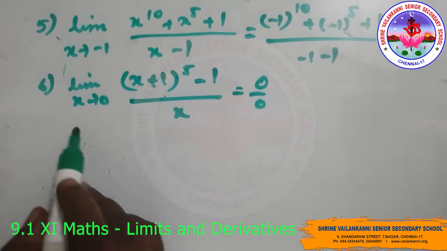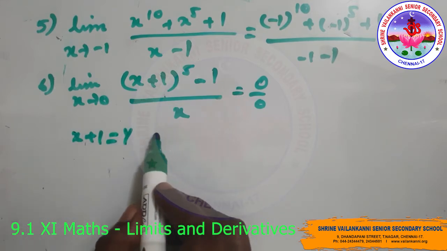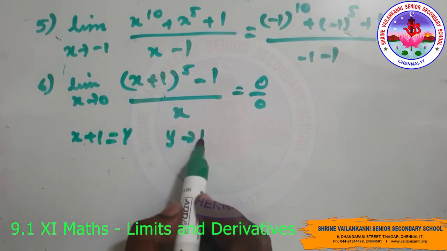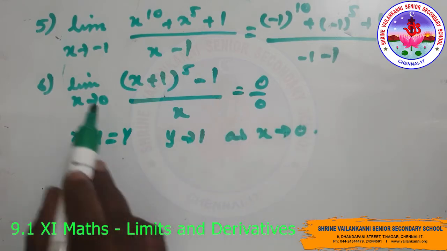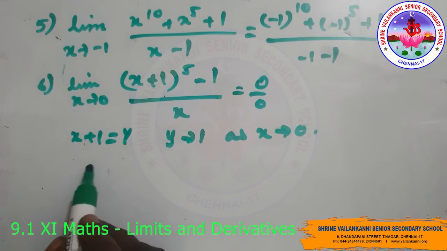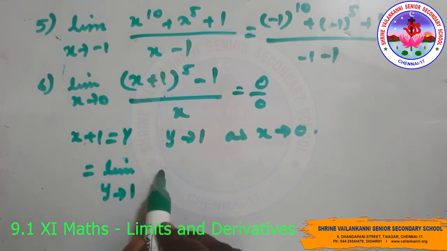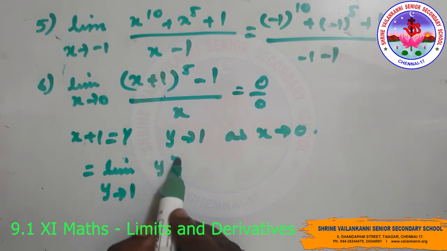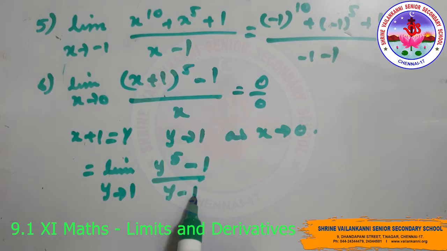So I am taking x plus 1 as y, so that y tends to 1 as x tends to 0. So this limit will change to limit y tends to 1, y power 5 minus 1 by y minus 1.